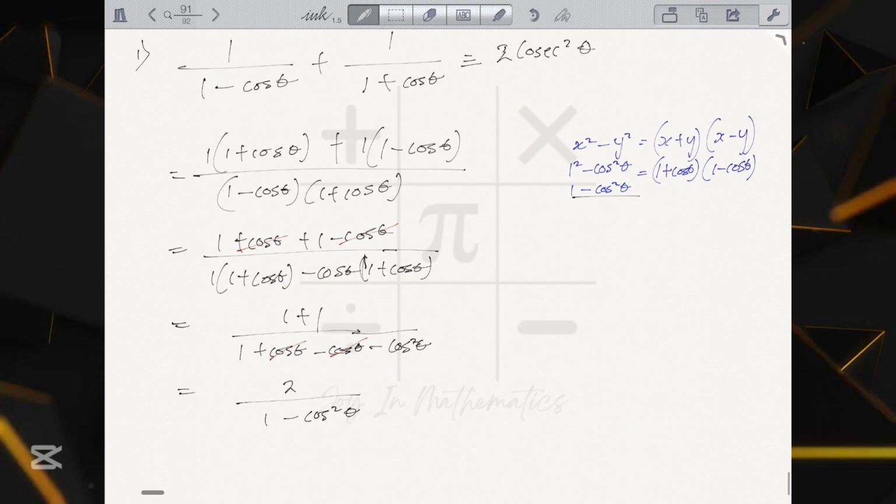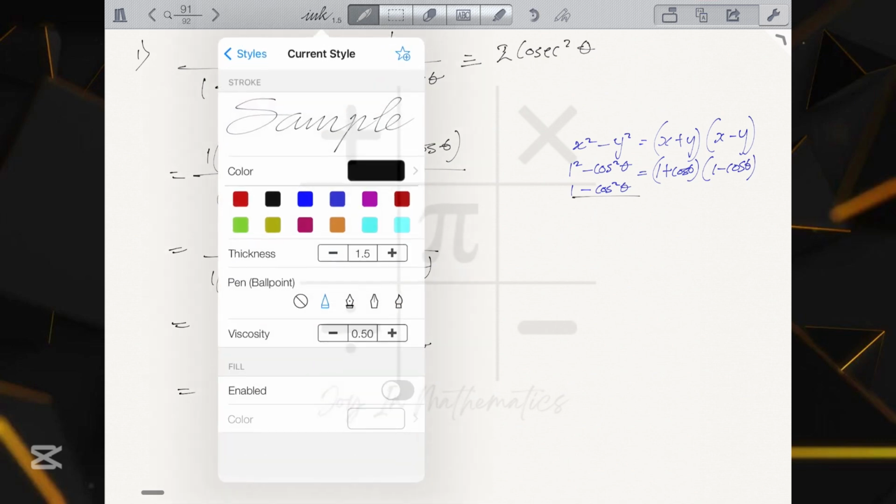Now, the target is 2 cosec squared theta. To get 2 cosec squared theta, we have already arrived at the 2. What is left is the cosec squared theta. Let's look at the denominator. We have 1 minus cos squared theta.